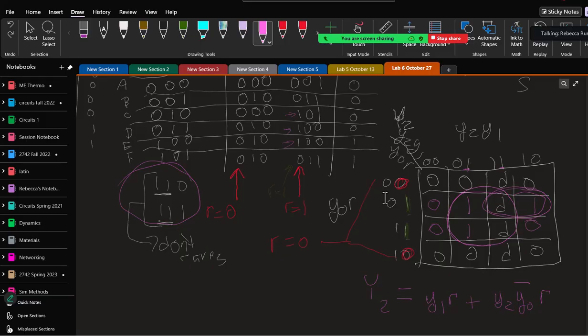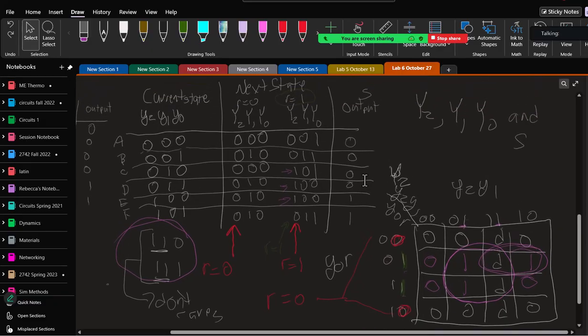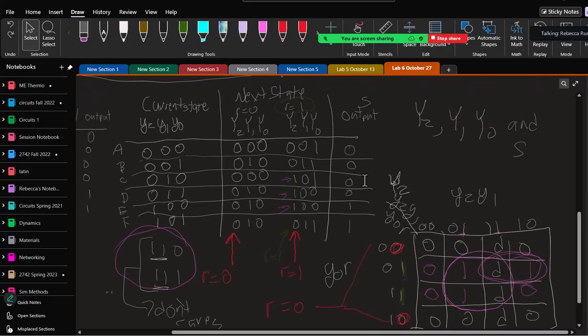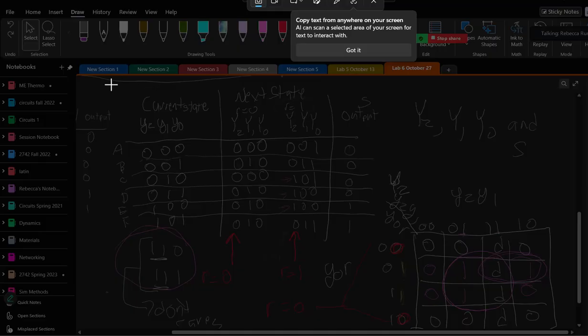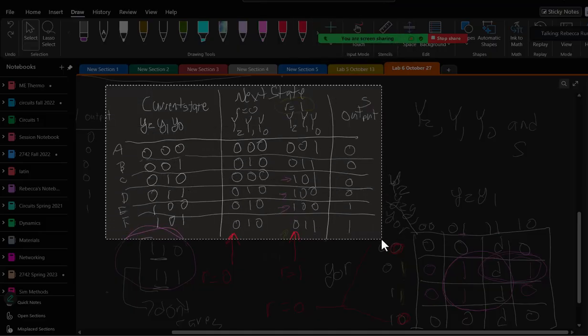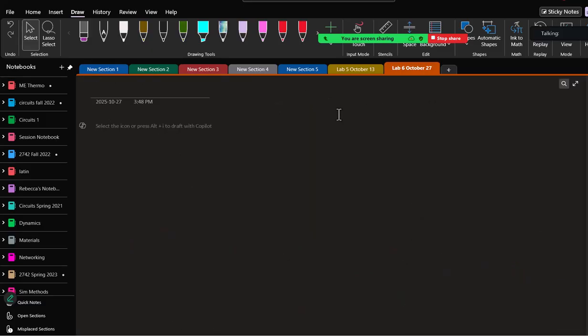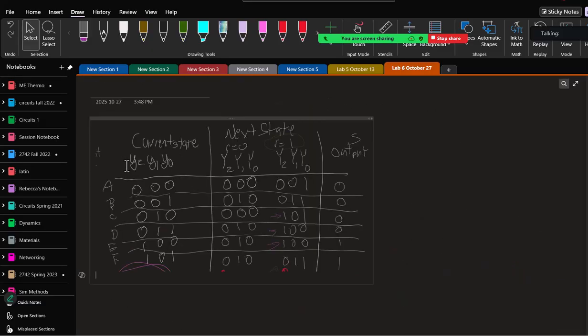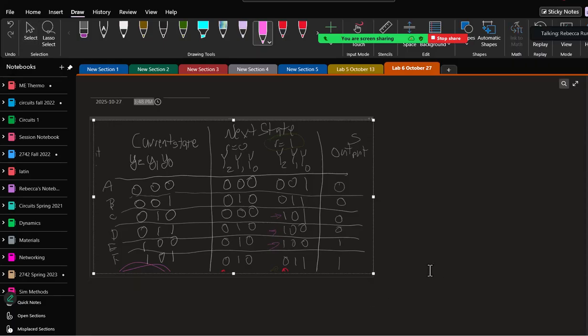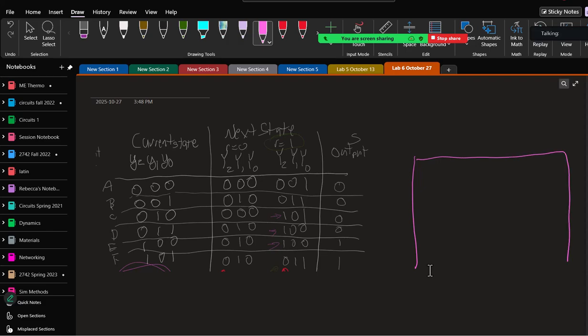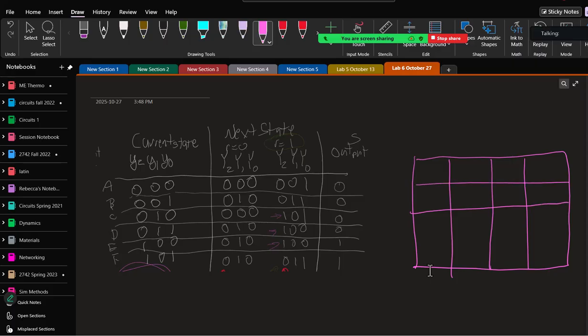Okay. All right. Did anybody see anything I did wrong on that one? And if not, let's go on and do y1. Okay, so we'll have another Karnaugh map. It's for y1.